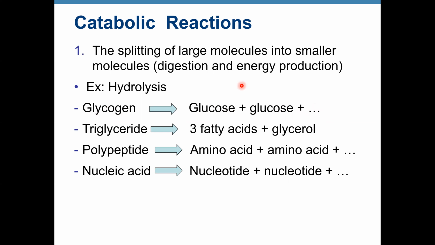By doing it, you're going to release energy that will be used for some other processes, maybe for synthesis of ATP. Or you can do the same with triglyceride. You can break them back into 3 fatty acids and glycerol, polypeptides you can break into amino acids, nucleic acids you can break into nucleotides, right?